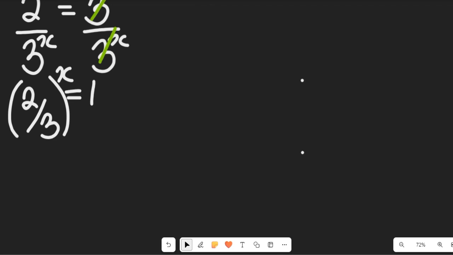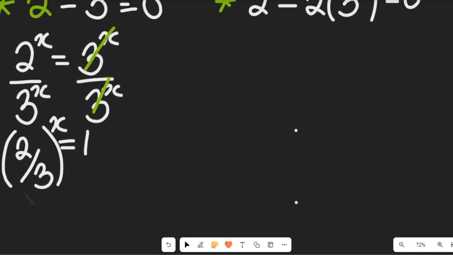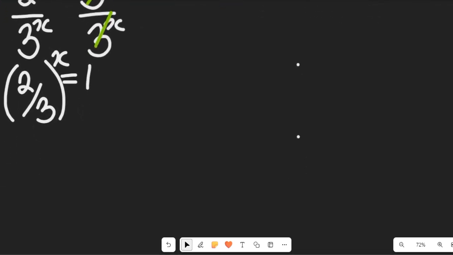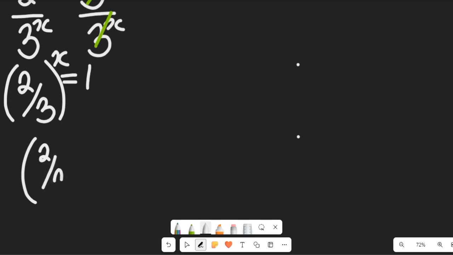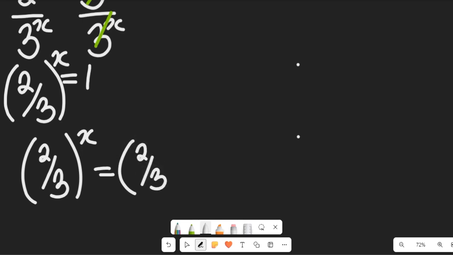Now recall that anything raised to power 0 is 1. So I can simply say this expression will now be equal to 2 divided by 3 to the power of x is equal to 2 divided by 3 to the power of 0. That will still give me 1.